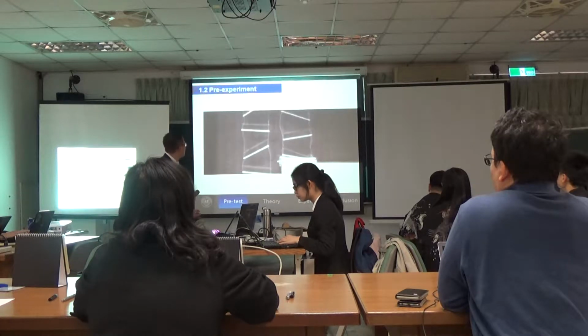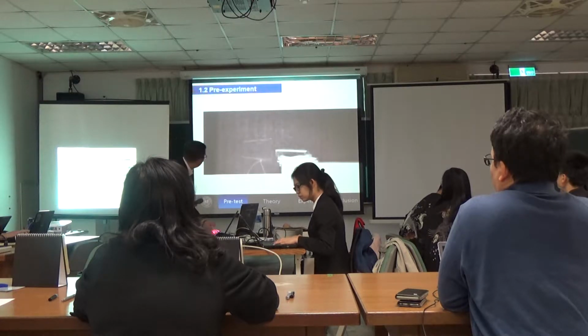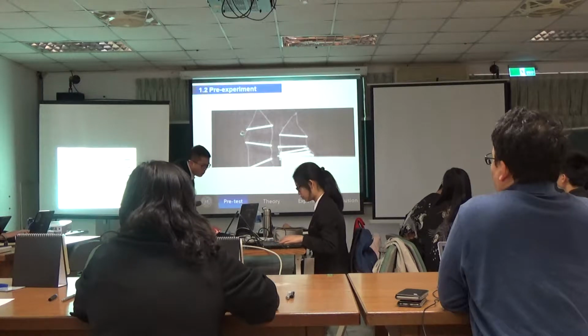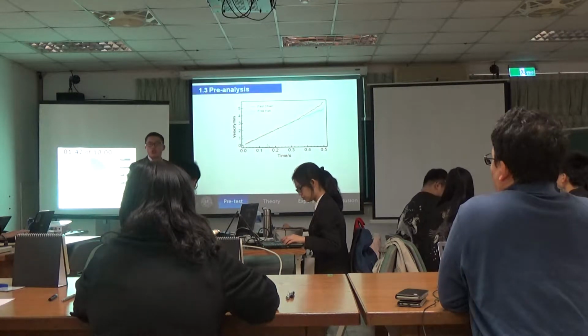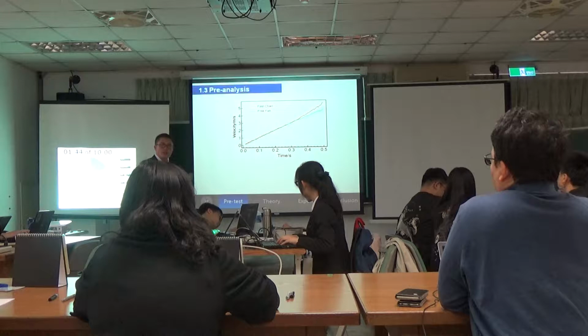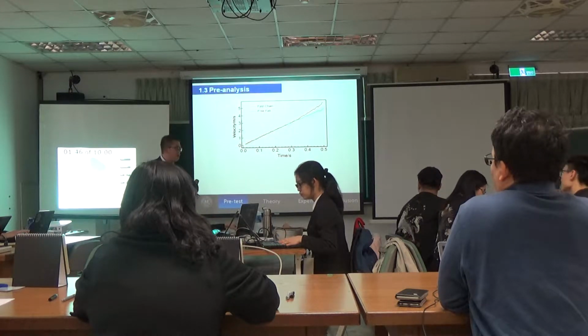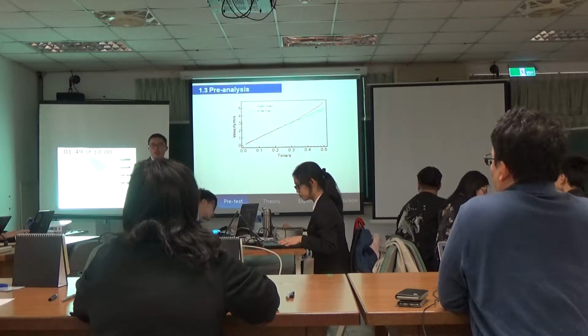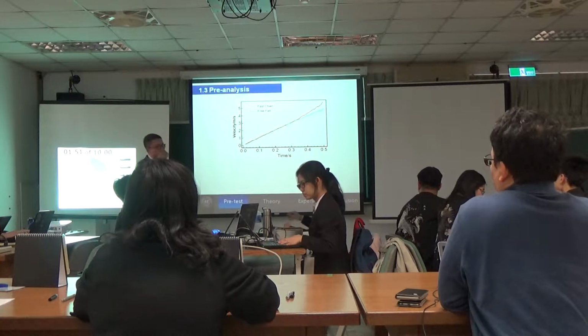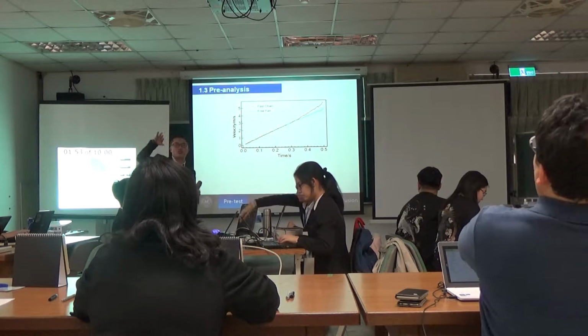We have analyzed its velocity and its time, and we can find that as the time increases, the velocity gets faster and faster, so we can say its acceleration will get larger.